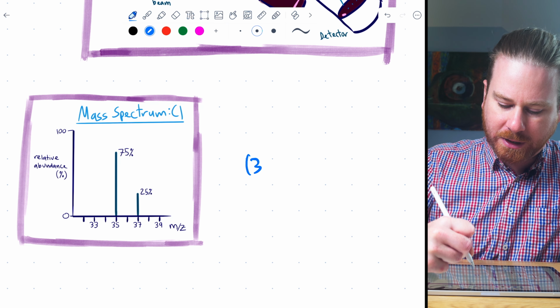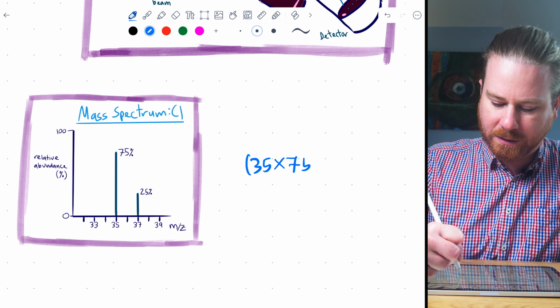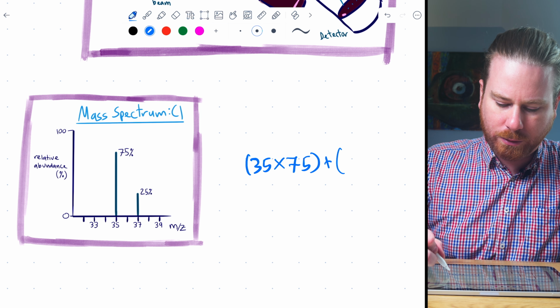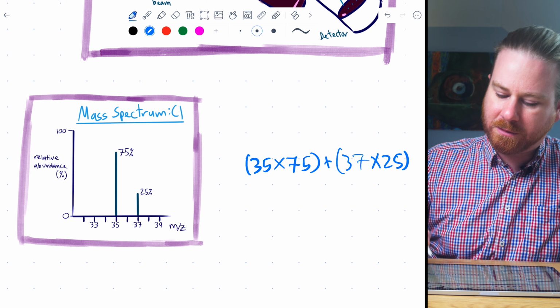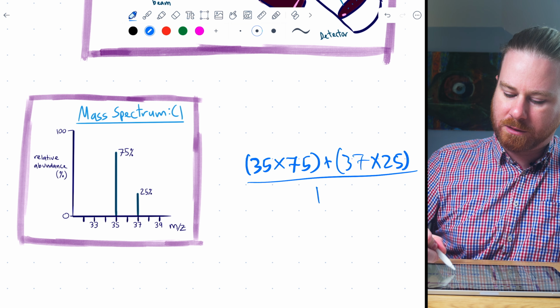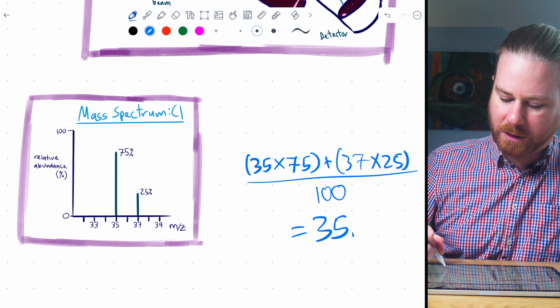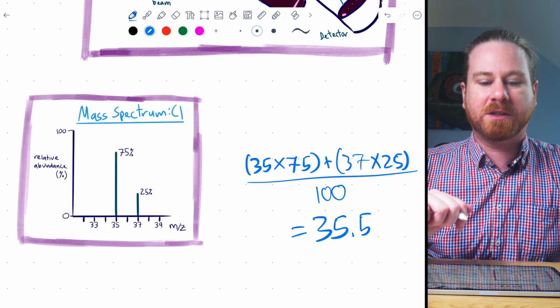So using the same equation as before, we can put our numbers in. So we have 35 times 75, and then when we add that to 37 times 25, all of that divided over 100, that's going to give us 35.5, and that is the atomic mass, or the average mass, for chlorine.